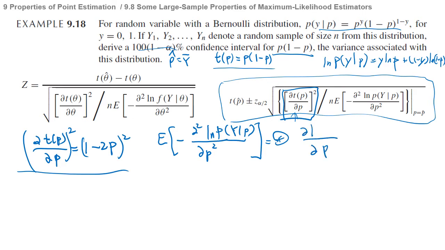The first derivative of ln p(y given p) is y over p minus (1 minus y) over (1 minus p). Okay, and we will get the second derivative.